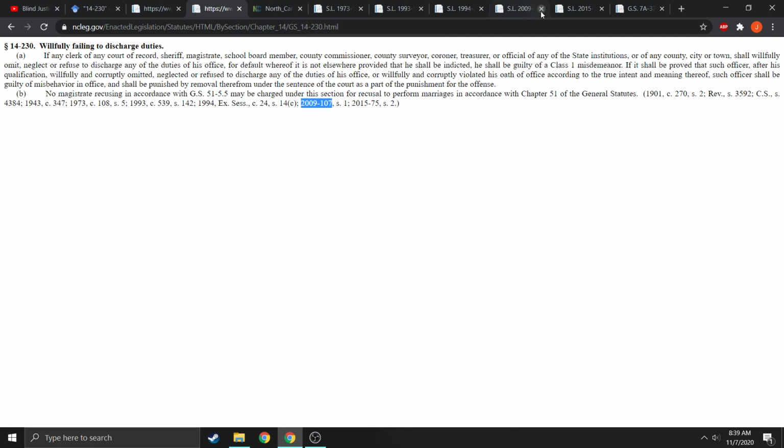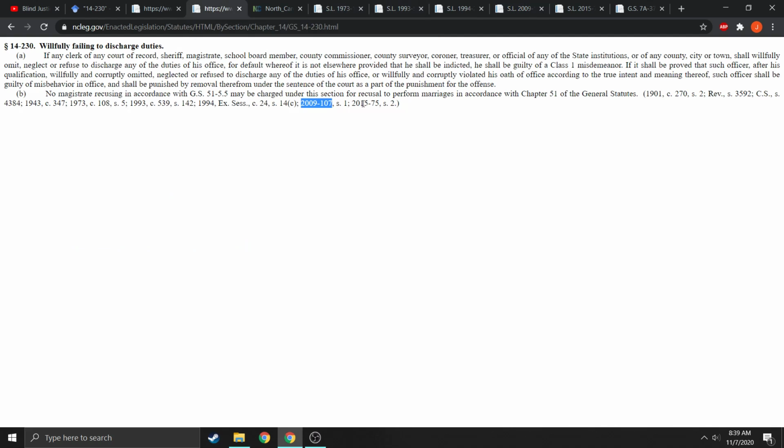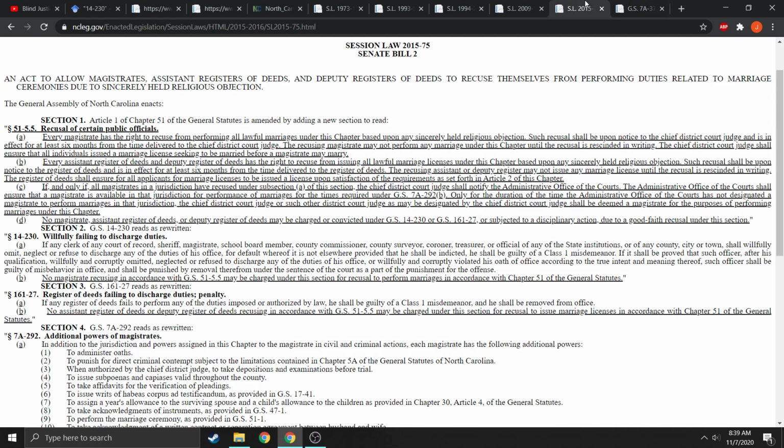Next is 2009-107. They've added school board member. So that's the only addition they make. It still doesn't affect judges. The next one is 2015-75, section 2.